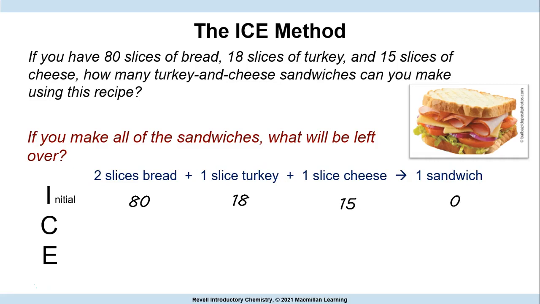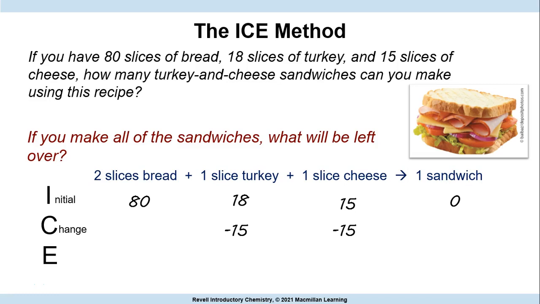Now C stands for change. At the change, we see that we used all the slices of cheese, the 15 of them, to form 15 sandwiches. And we also used 15 slices of turkey. What is being consumed is given a minus sign, and what is being formed is given a positive sign.